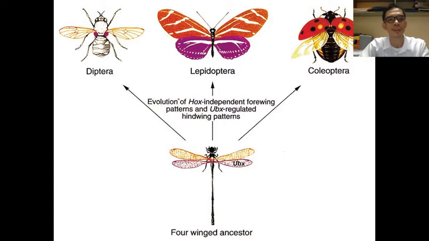Next one, the wings of insects. Your flies have different types of wings. But the thing here is the wings of your flies are completely the same in structure with the wings of your butterfly, and also the wings of your ladybug over here.